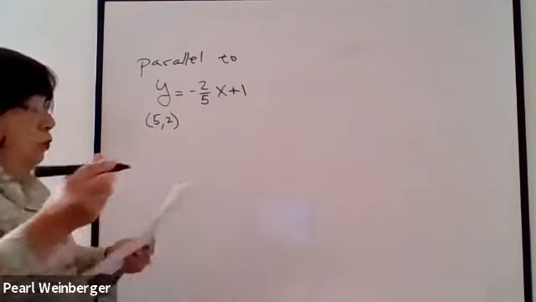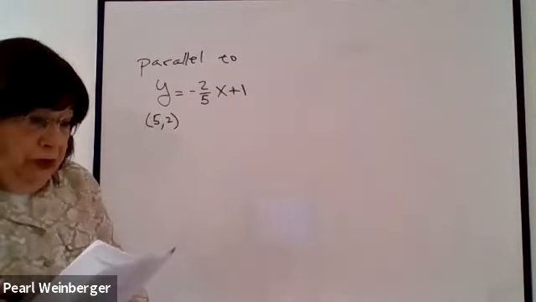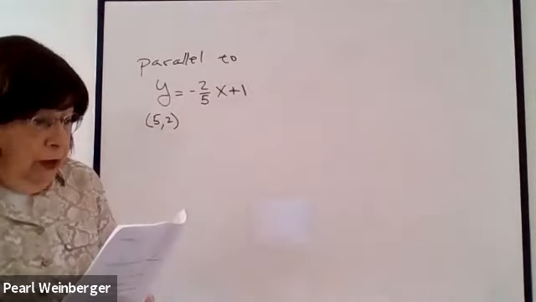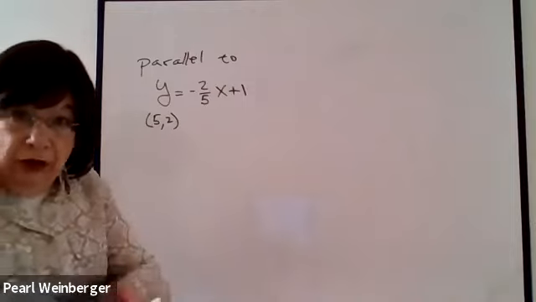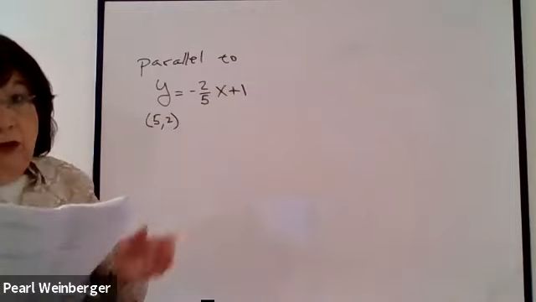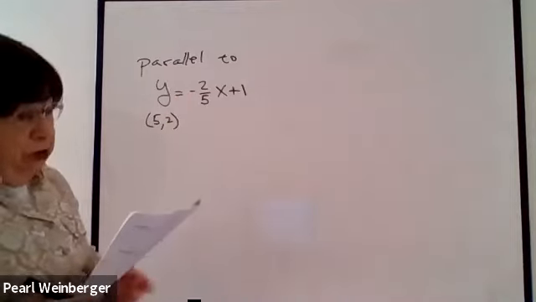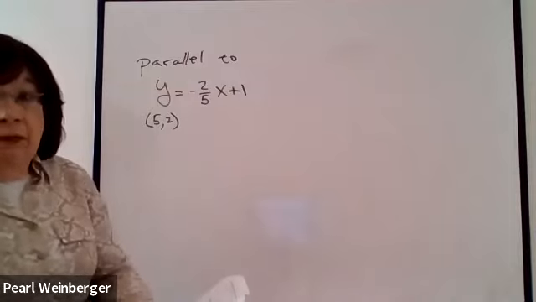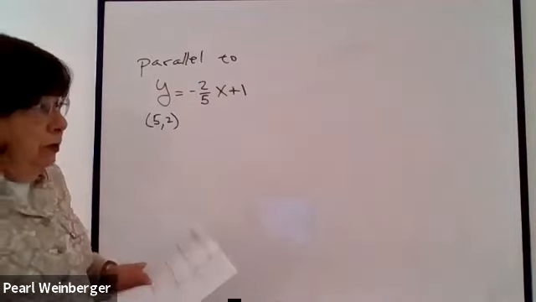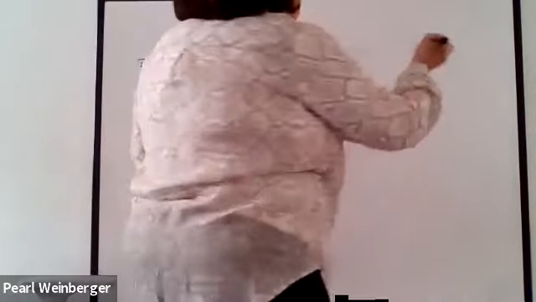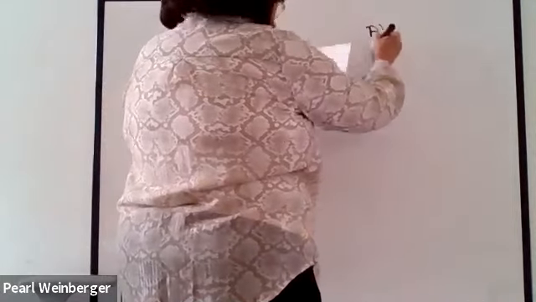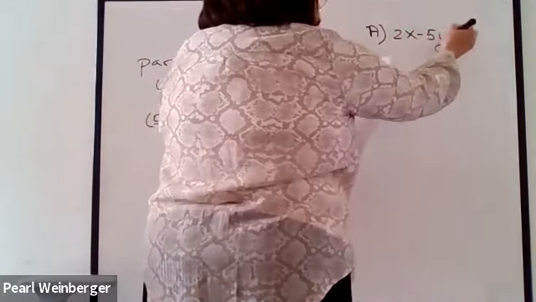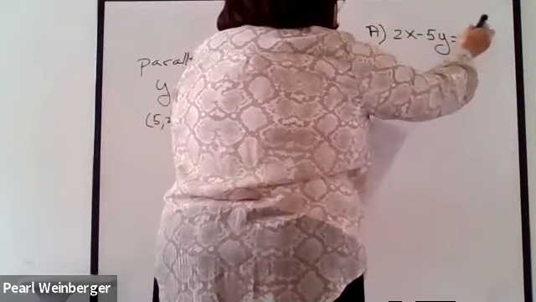Now, this actually was an example on a previous midterm. And as you know, our midterms are multiple choice questions. So I'm going to not only write the question on the board, which I did, I'm going to give you the different answers that they give. And I'm going to show you how we would go about solving this. So here are my choices. Choice A is 2x minus 5y equals 20.